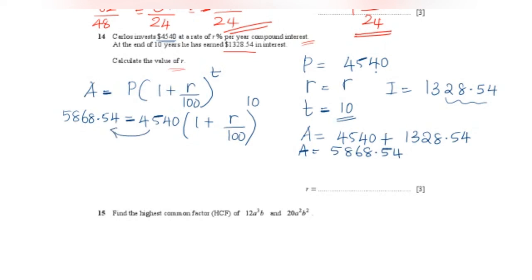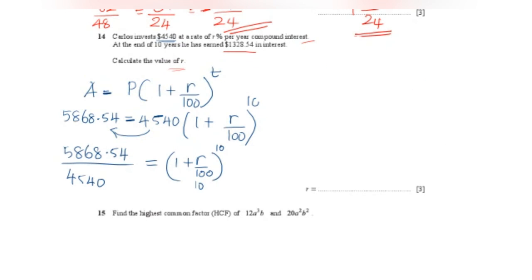Shifting this, it becomes division on the other side. So 5868.54 divided by 4540 comes to about 1.3.